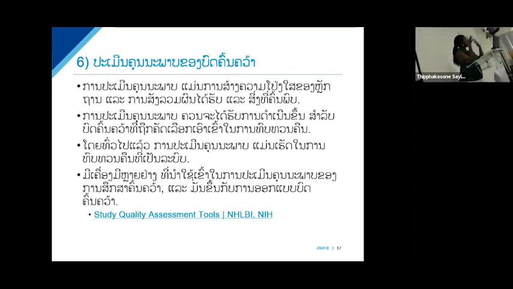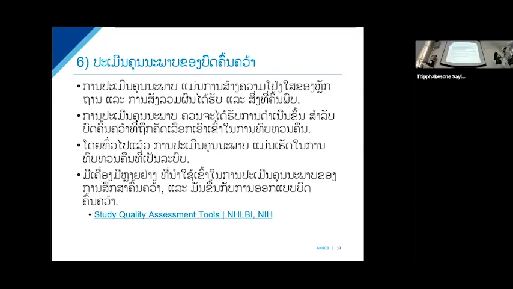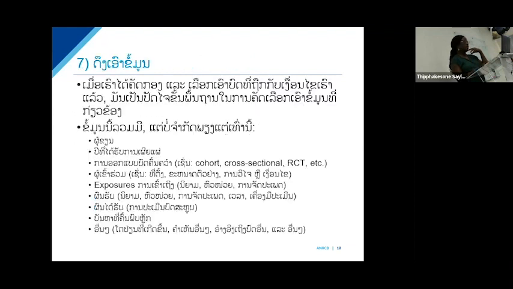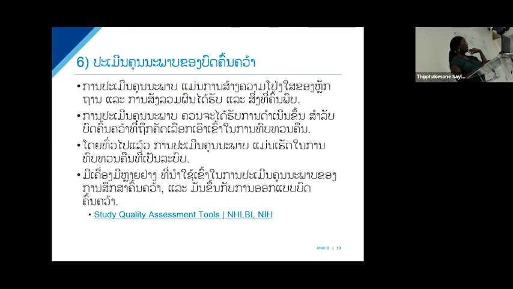There are different ways of assessing the quality of the study and also the study design. Here's one example of study quality: the NHLBI and NIH website has a quality assessment tool that can be used.